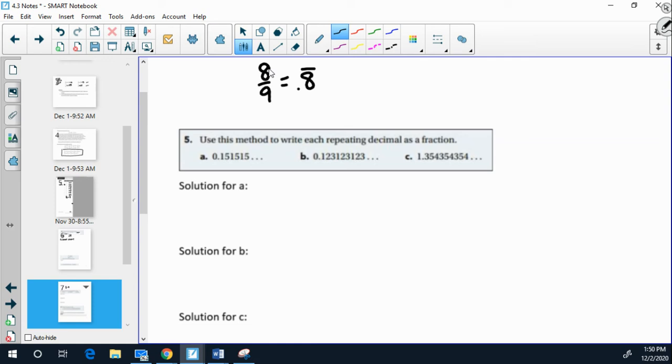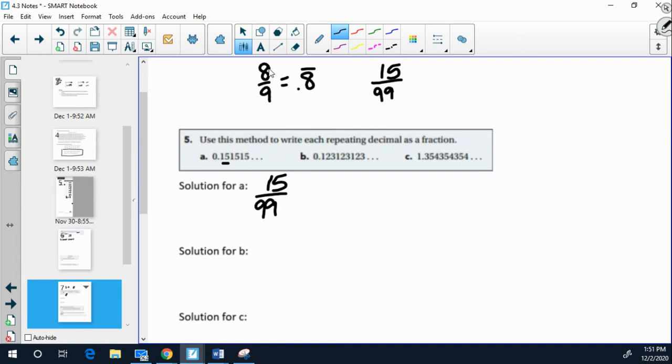Well, if we have 2 numbers that repeat, 1, 5, I need 2 digits down below. So the pattern goes on. So for this one here, I would have the number 15 over 99. Now that can actually be simplified. Both of those are divisible by 3.